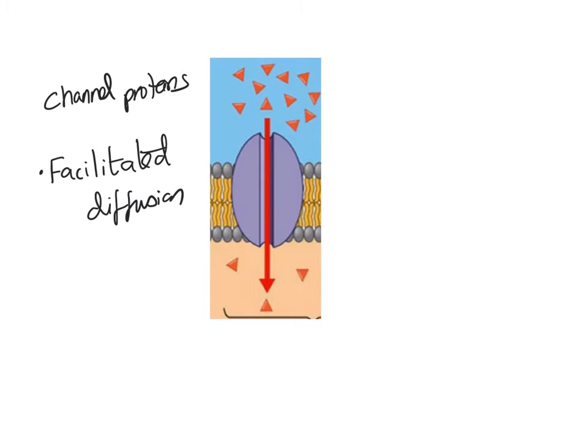If something is facilitated, it's aided. So in this case, the channel proteins are helping the molecules to diffuse across, but in this diagram, they're still going down their concentration gradient. They're still going from a high to a low concentration, which means this process, in this example, is still passive.